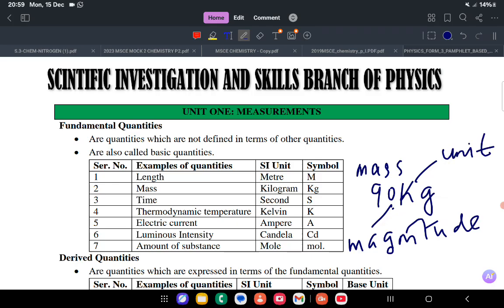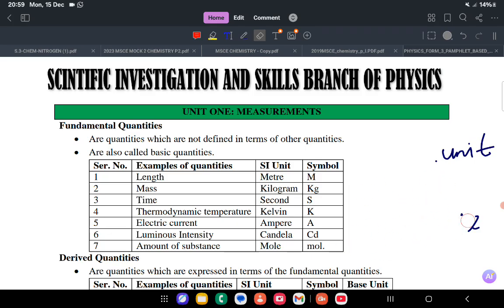So we just defined a physical quantity. We are saying that a physical quantity is anything that can be measured in the lab, and that it has two parts, namely the magnitude, which is the size indicating how big it is, and a unit.